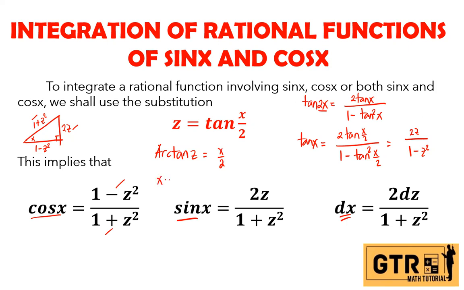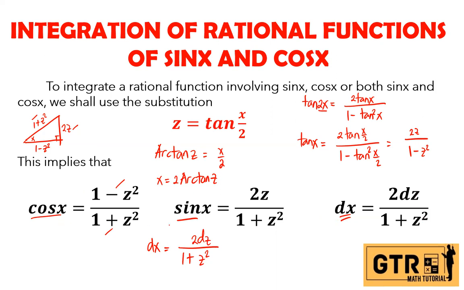So therefore, x is equal to 2 arctangent z. And then get the derivative of this. The differential dx is equal to 2 over 1 plus z squared, and then we multiply it by dz. So let's put the dz in the numerator. Therefore, dx is equal to 2dz over 1 plus z squared.